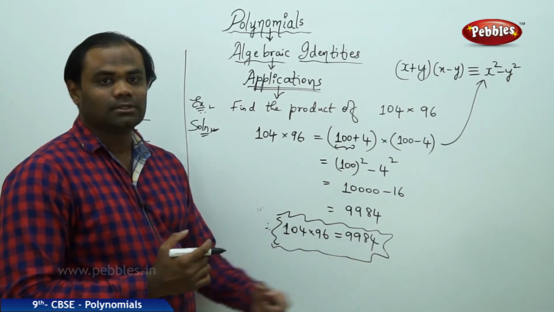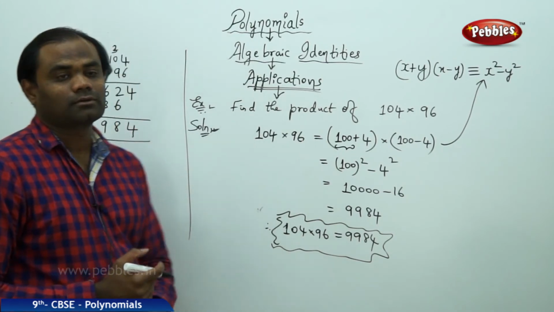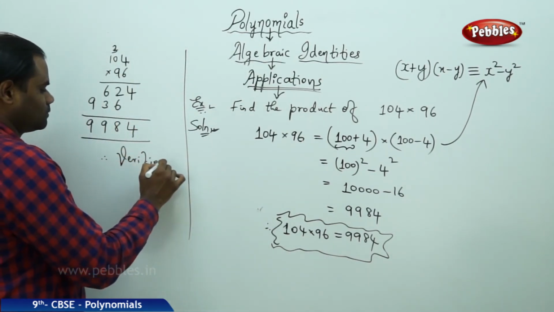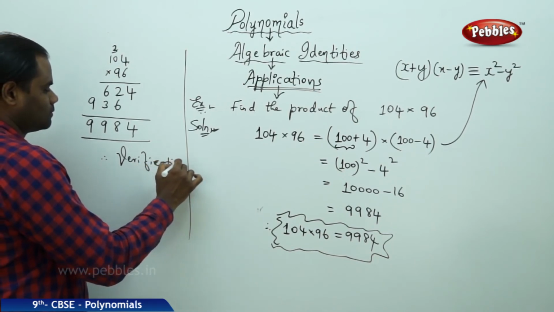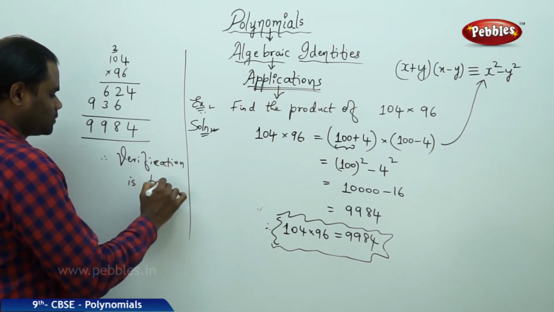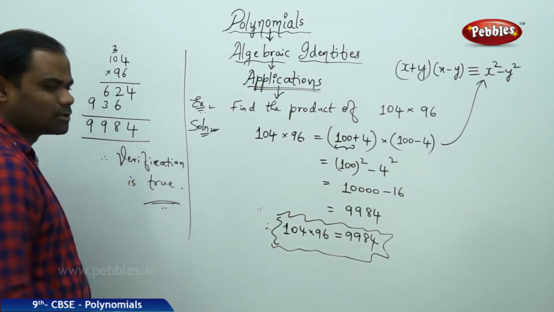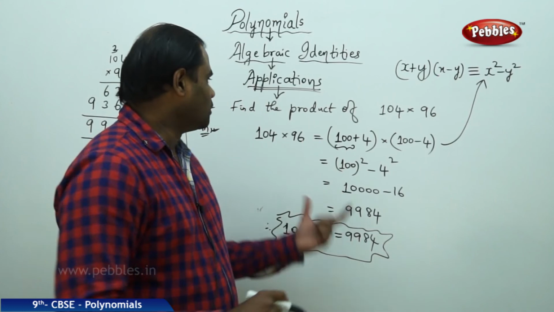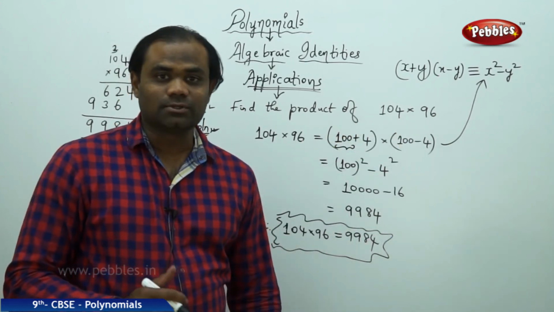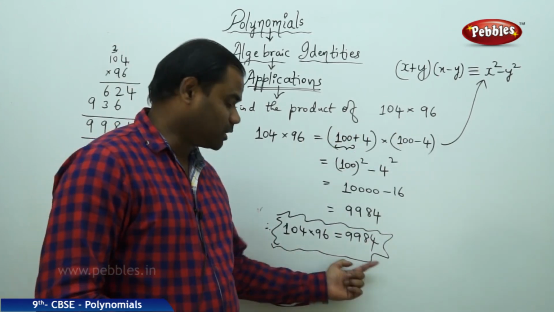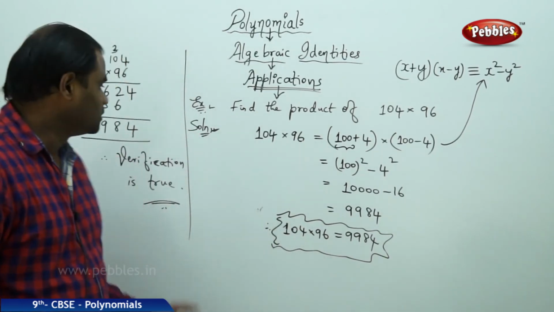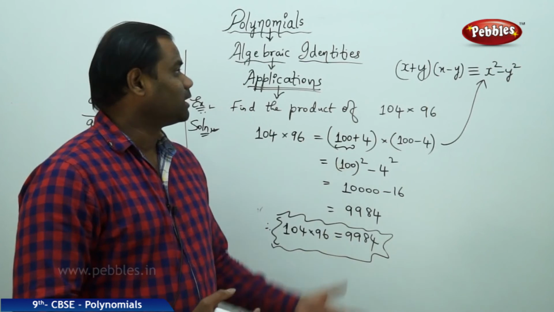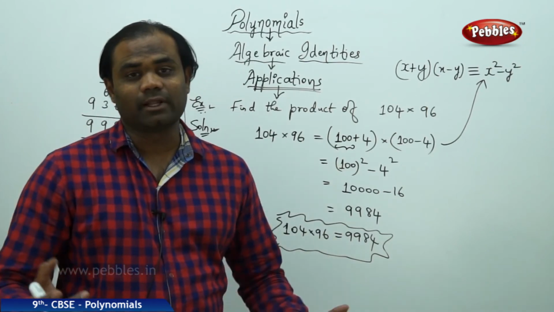And this comes out to be 9984. Therefore, the verification is true, is what I make the learning outcome. The product of two numbers using algebraic identity is very much true as compared to the general multiplication. Applications of algebraic identities in real life.